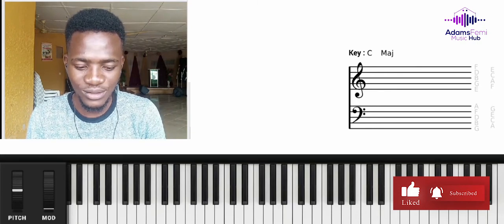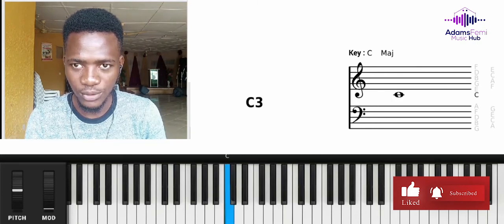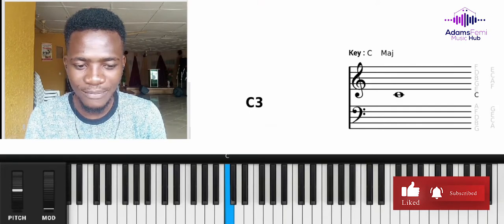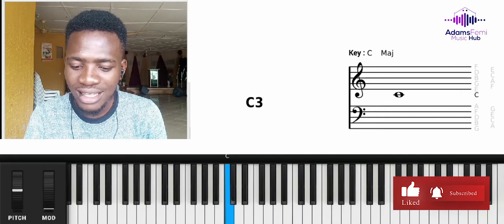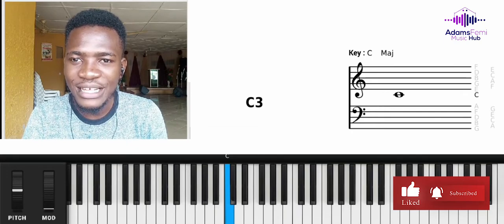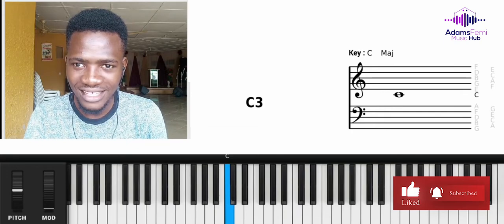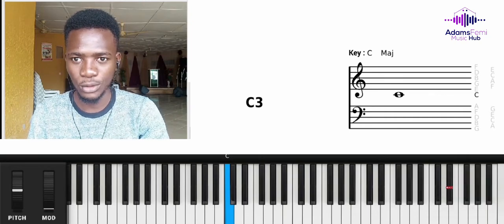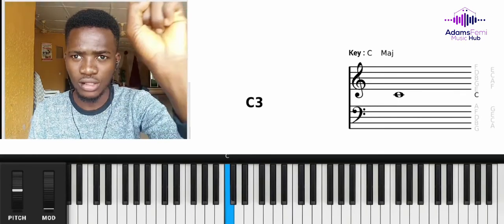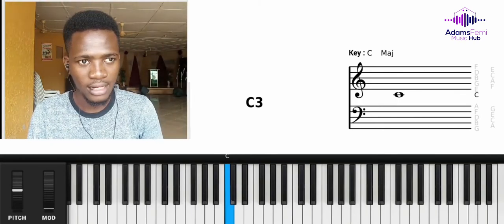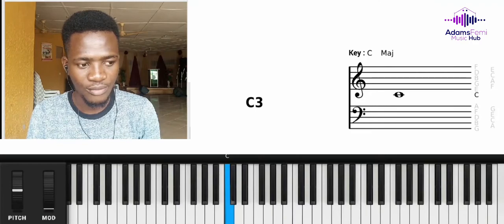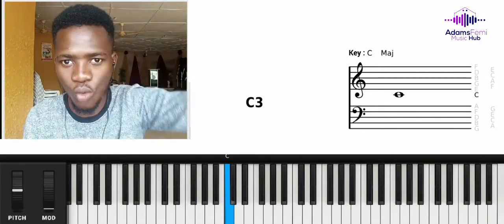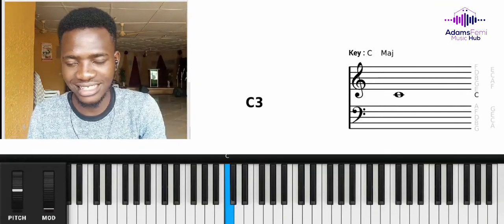Remember I explained it this way. We're playing on, okay, this is my C3. On a whole step movement, I'll be moving over a note. It's like I have a piano right in front of me and I want to move to the front, and I do not want to go by its side. I want to move over it, so I'll be jumping over the piano to the front. That's the same way it works here.